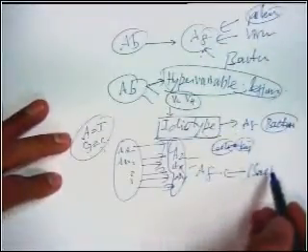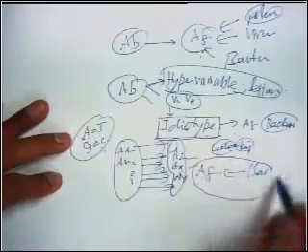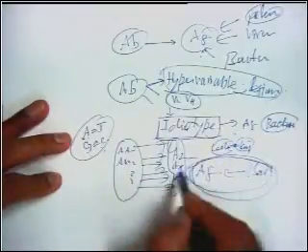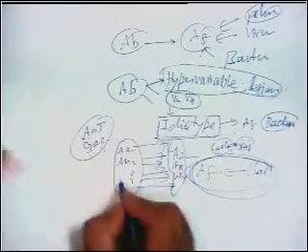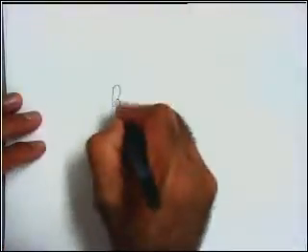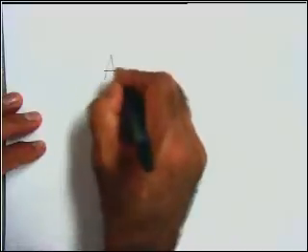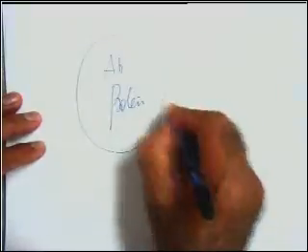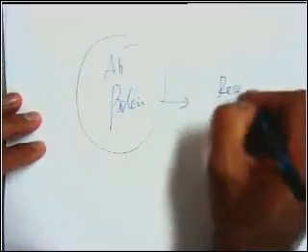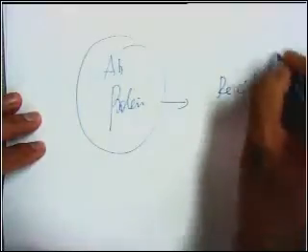Now I want to go a little bit further. It is not only binding with the antigenic site of an antigen, but the amino acids of this antibody protein can also bind with receptors.